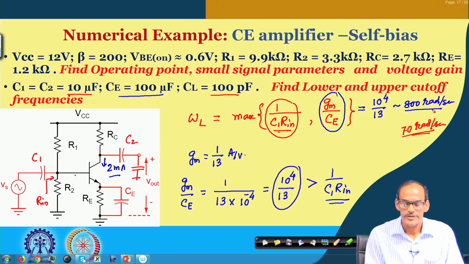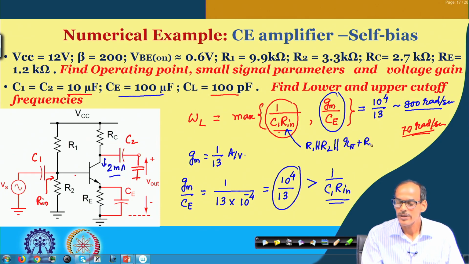In this situation, we should have considered R in equals R1 parallel R2 in parallel with R pi plus Re into 1 plus beta. Since this part is higher than this one, R in is approximately equal to R1 parallel R2.